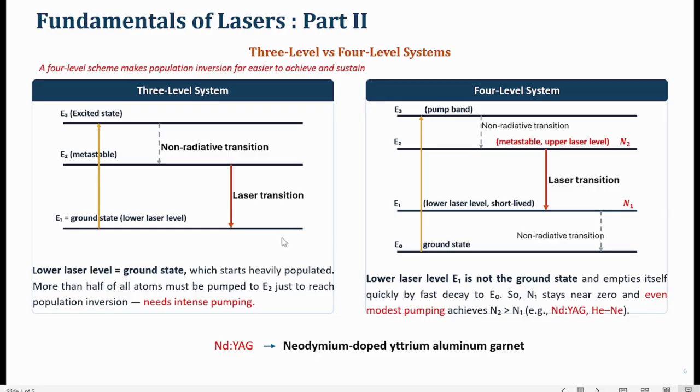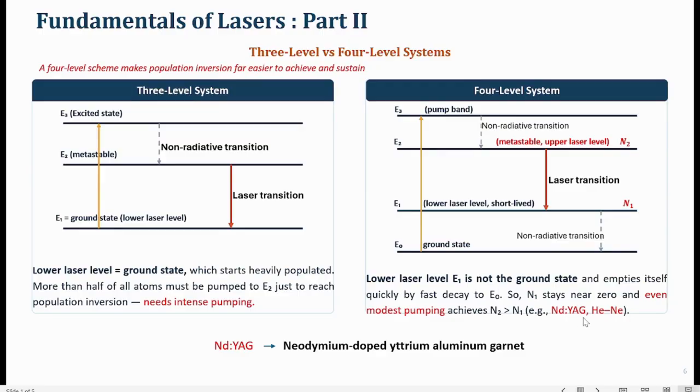So population N1 was quite large there, but in this case N1 will be very small, nearly zero, because this state is an excited state. Because of that, N2 will be almost always larger than N1. So the condition of population inversion is much easier to establish in the 4-level system as compared to the 3-level system. I have shown here examples of lasers which utilize this 4-level energy system.